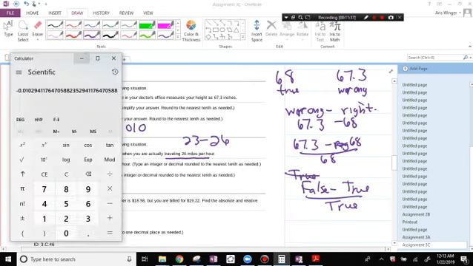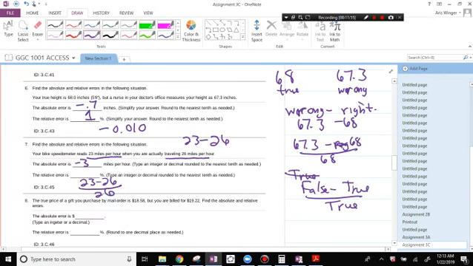So 23 minus 26 divided by 26, and then times 100. It's about 23.08%. How many decimal places? 23.1%.